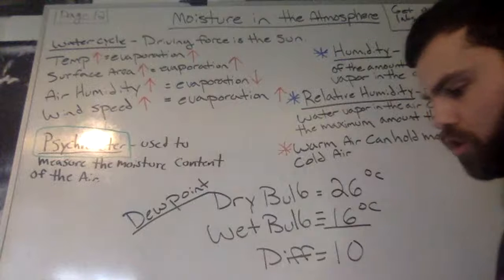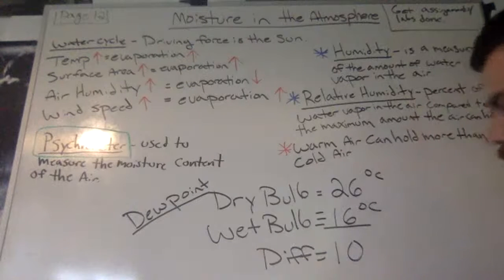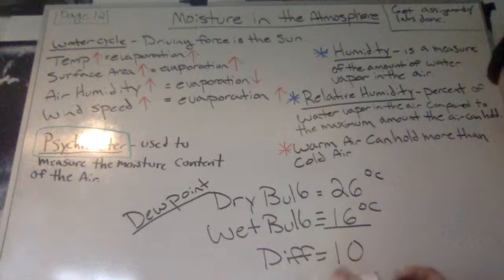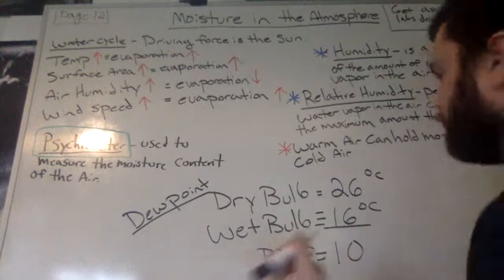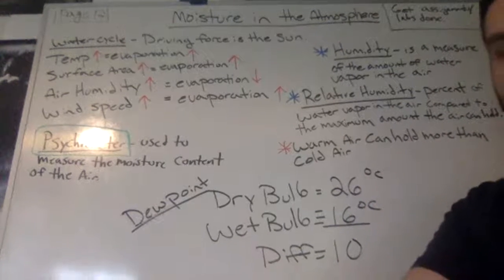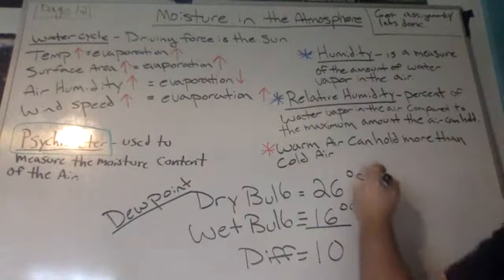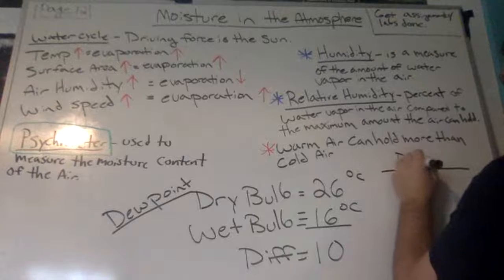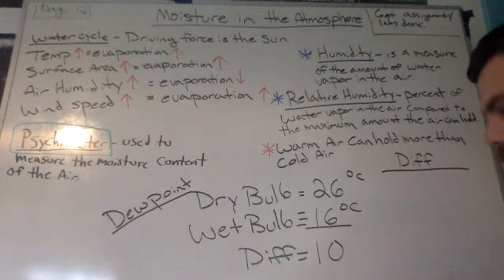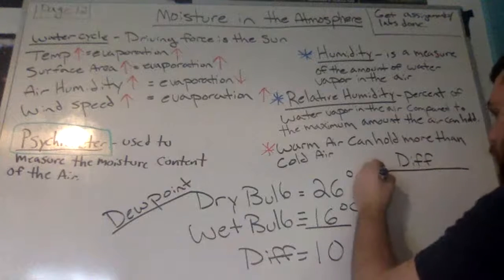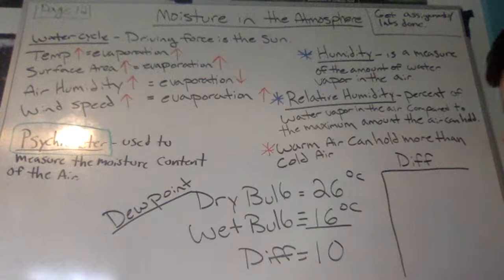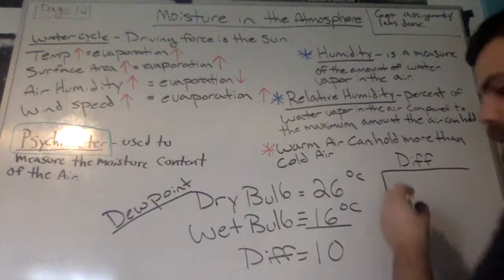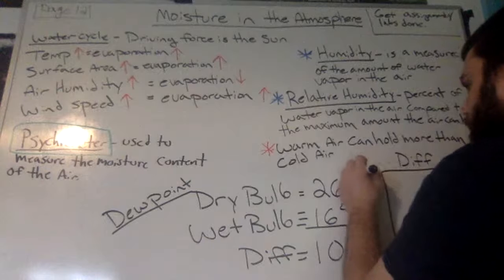You will notice that it has two sides to it. Let's see if I can bring this over a little more. So at the top, it's telling you the difference, and then on the side, it tells you the dry bulb temperature, all right?